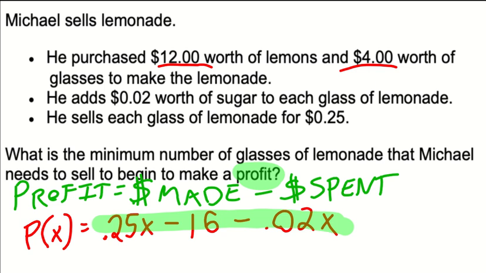And that's going to be right around 70. I think it's like 69 point something. Which means, if they sell 69 glasses of lemonade, he's still losing money. And then he makes a couple cents once he sells glass 70. Probably not the best business model for Michael to make a lot of money.